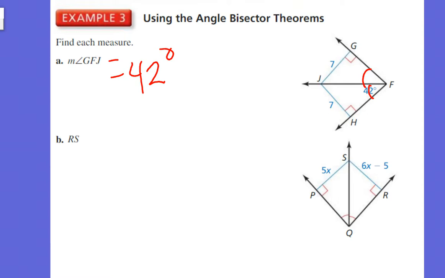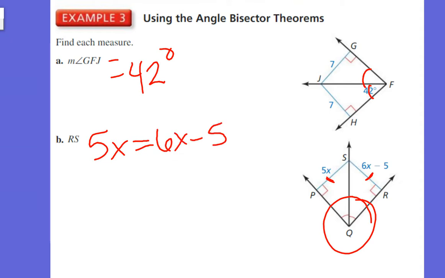In this case, you see down here that QS is definitely an angle bisector because it makes the two congruent adjacent angles. Therefore, SR and SP are congruent by our angle bisector theorem. So we set up an equation. 5x equals 6x minus 5.